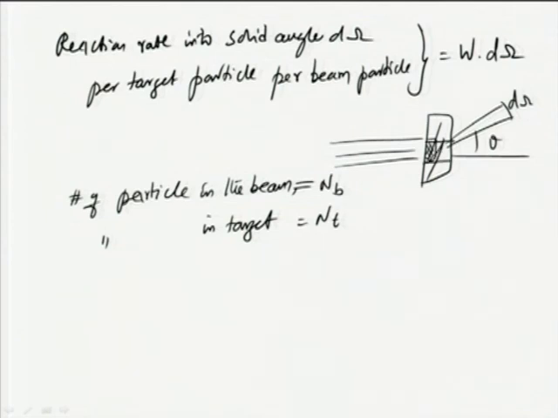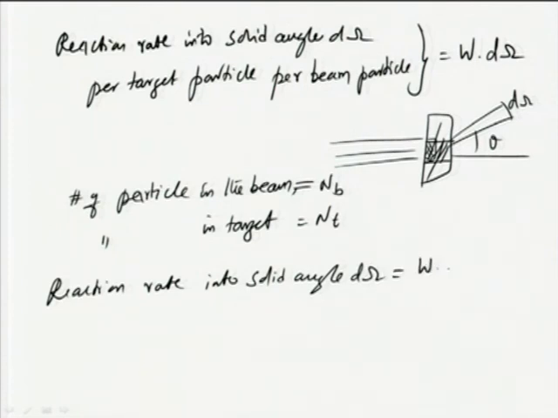If this is labeled in that fashion, we can say that the reaction rate into solid angle, in this case with Nb particles in the beam and Nt particles in the target, is W Nb Nt d omega.